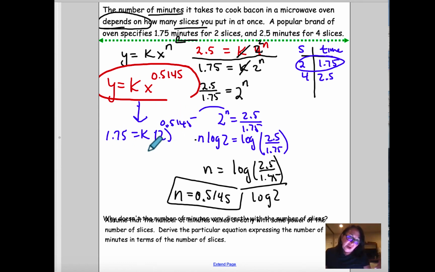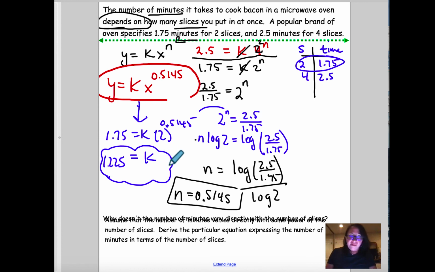So divide both sides by that value. I get k, I think, is equal to 1.225. So there's k. Happy, happy, happy. Take k, whatever that is, and plug it back into this equation to get your particular equation.